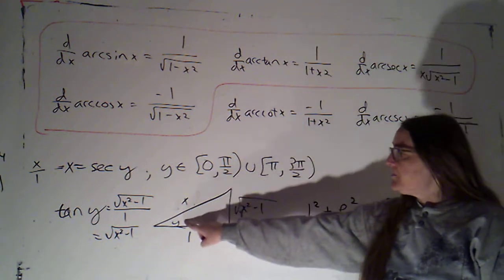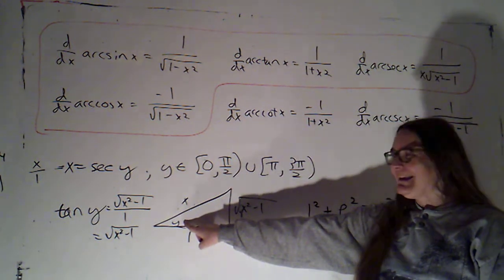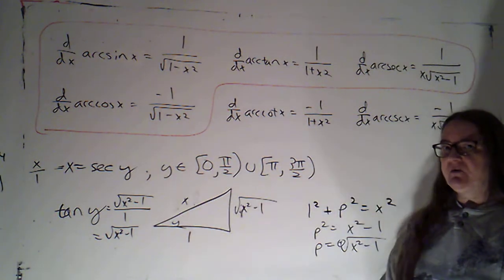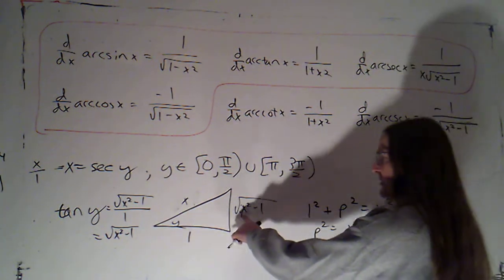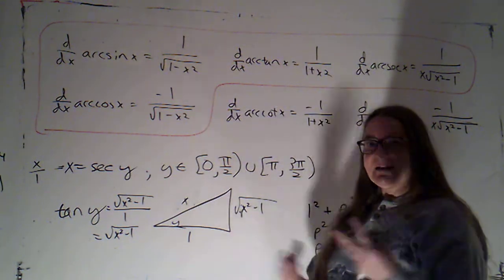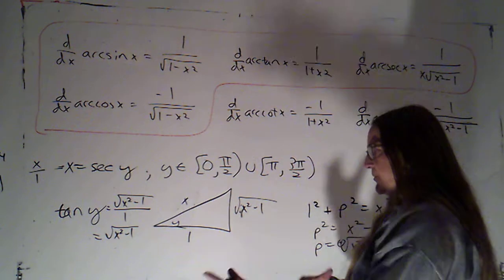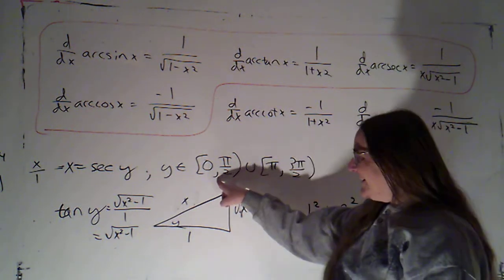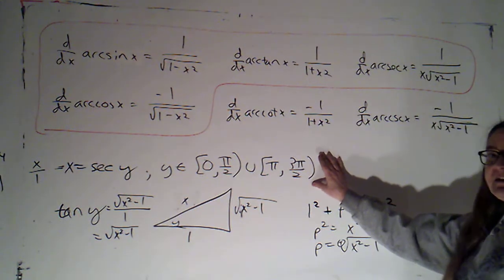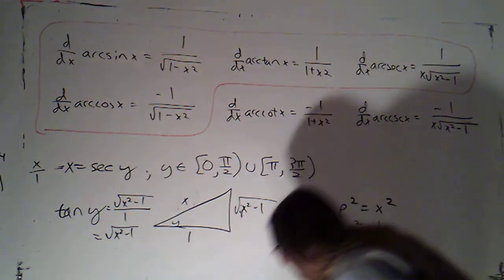I have assumed by putting y as an angle in my triangle here, I have assumed that y is an acute angle. And I took the positive root here because I was assuming that everything was positive. Well, side lengths of triangles for acute angles, which would put me in quadrant 1, are positive. But in quadrant 3, not everything is positive.